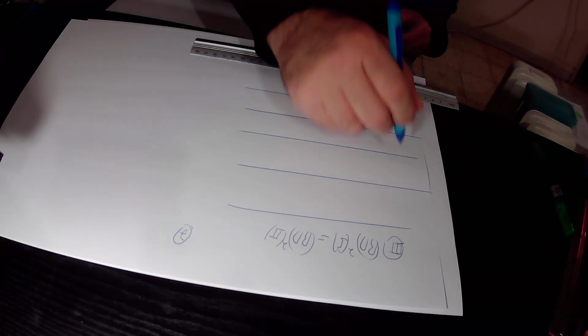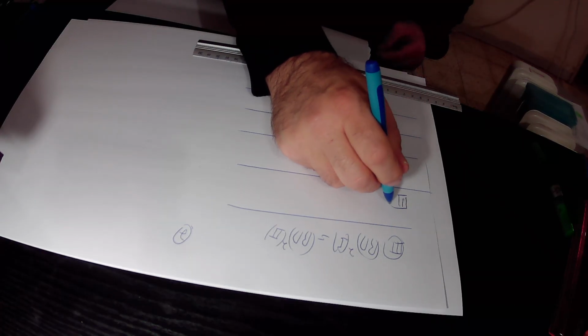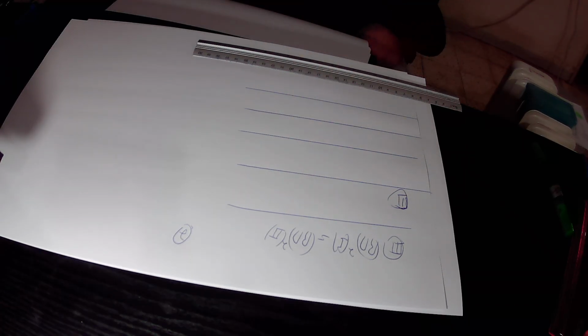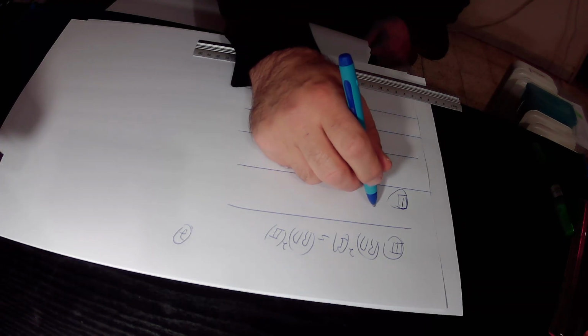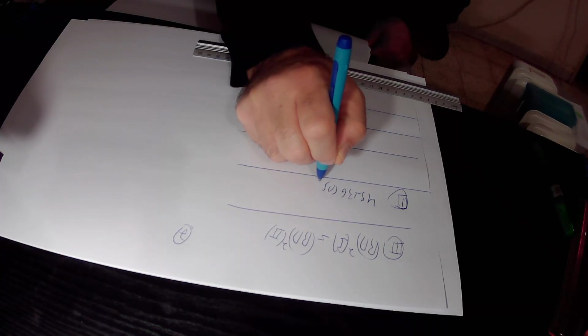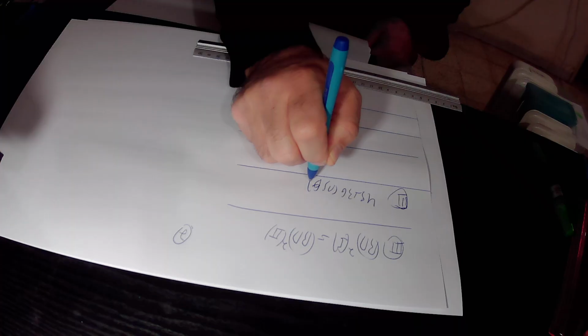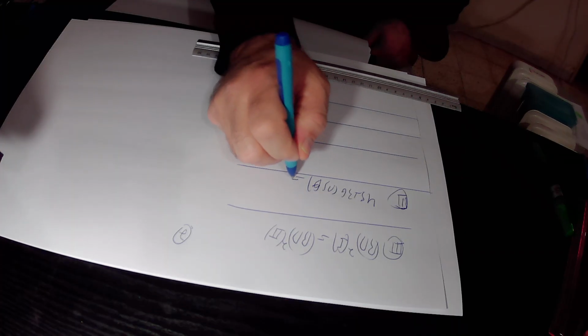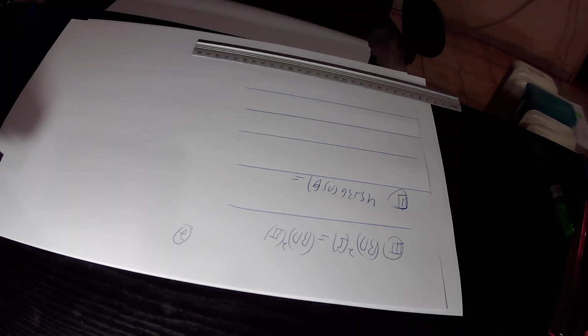BD squared according to equation 1 equals 45 plus 36 times cosine alpha, and it must be equal to BD squared according to equation 2, which equals 41 minus 40 times cosine alpha.